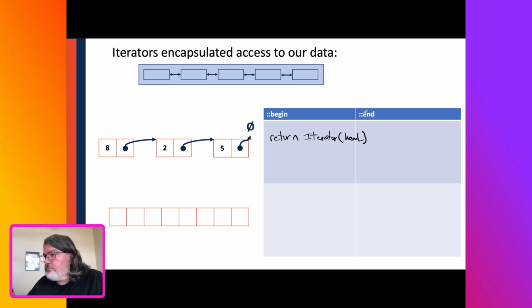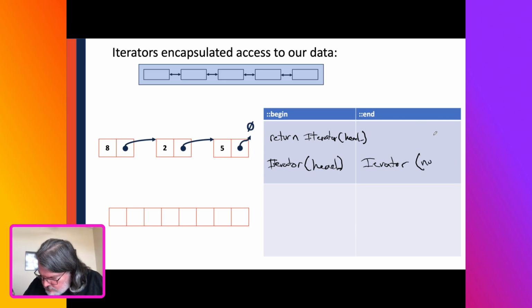On a linked list, it's going to be head, right? And let's just make this simpler. What's end going to be? An iterator constructed out of null pointer, yeah.